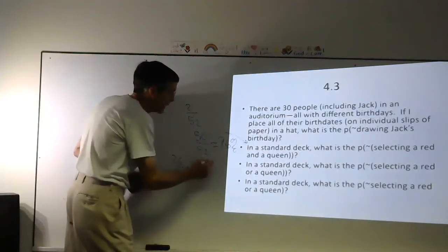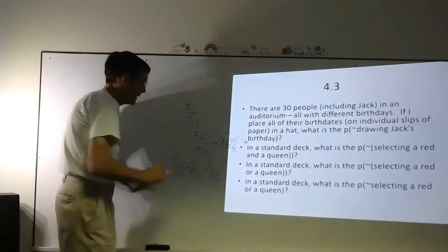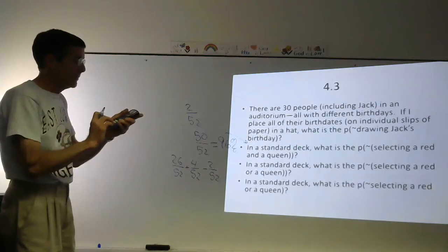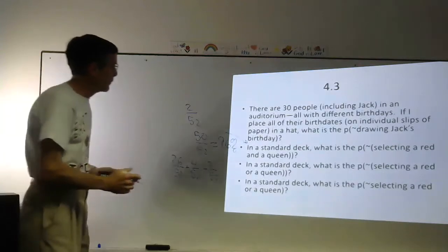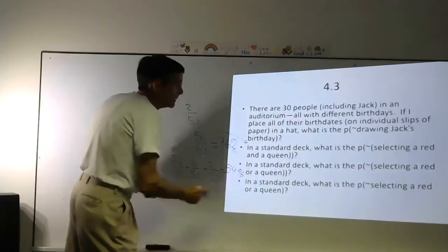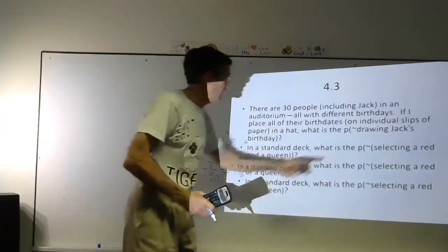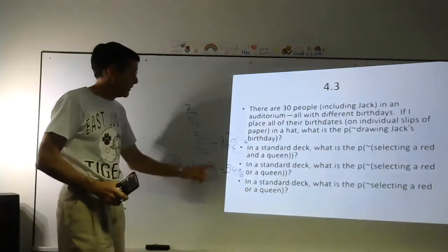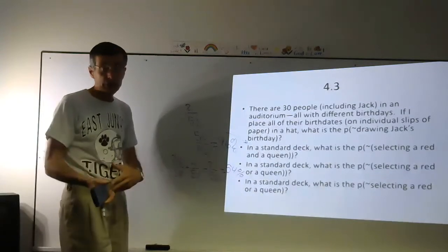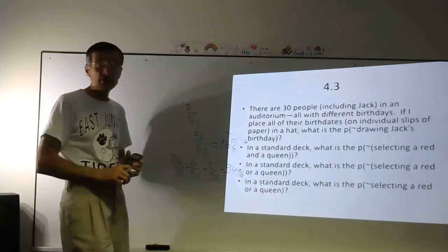So I need to subtract 2, and that's going to give me 28 divided by 52, which is about 54%. But hold everything, I want the probability of not getting a red or a queen. So not getting the 54, subtract from 100, would be 46%.